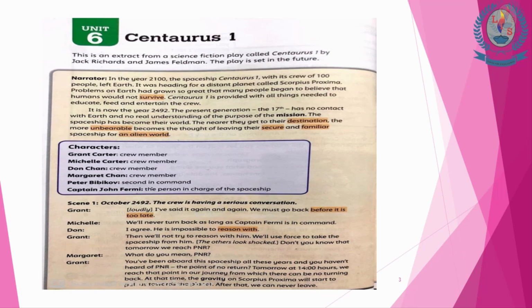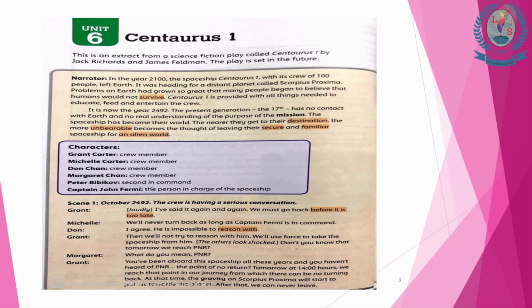But many people on the earth began to believe these people would not survive in that new planet called Scorpius Proxima. Actually, they began to think humans would not keep going on that planet. But the spaceship Centaurus 1 was provided with all the facilities for them to educate, to feed, and to entertain the crew.